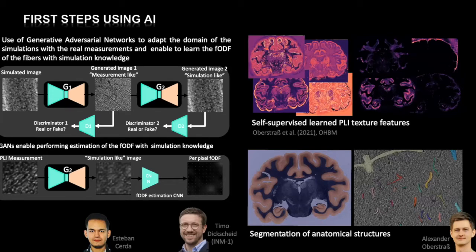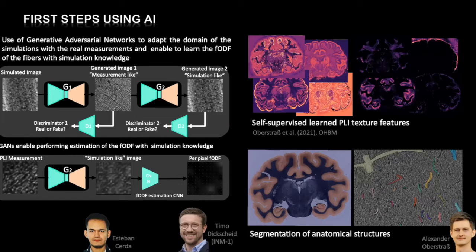And this is work we have recently started together with my colleague Timo Dickscheid, who is in the same institute, and he is an expert in this kind of AI applications.